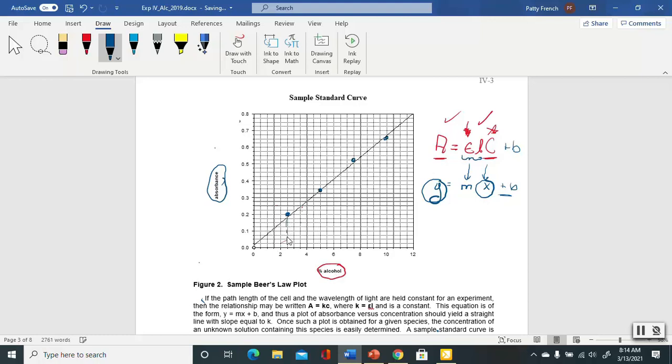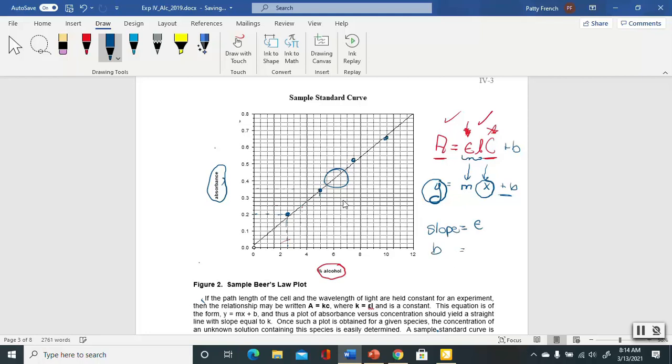Let's see, I guess we made up a 2.5% solution of alcohol, and we ended up with an absorbance of 0.2. And then we made up a 4.5%, and we got an absorbance of 0.35, etc. We plotted it using LoggerPro, and we got an equation of a line. And it told us what the slope was, and that's going to be very important because that's eta, and it tells us what our error is.